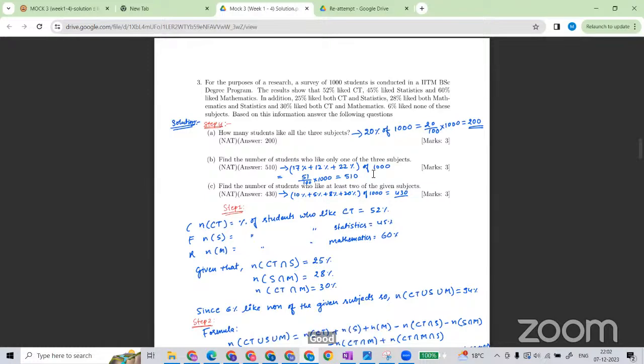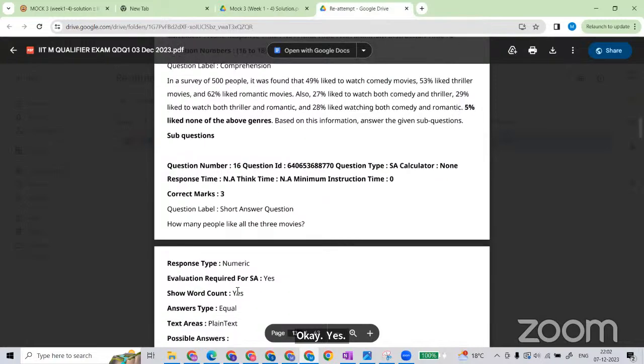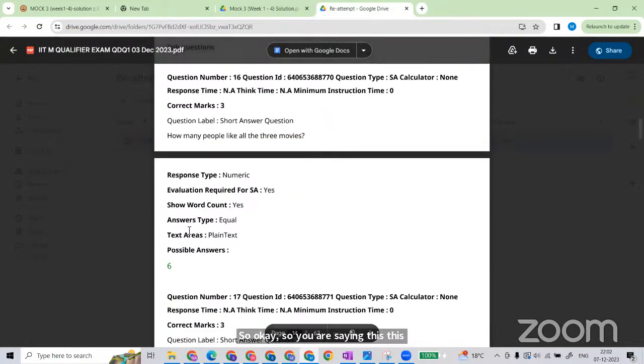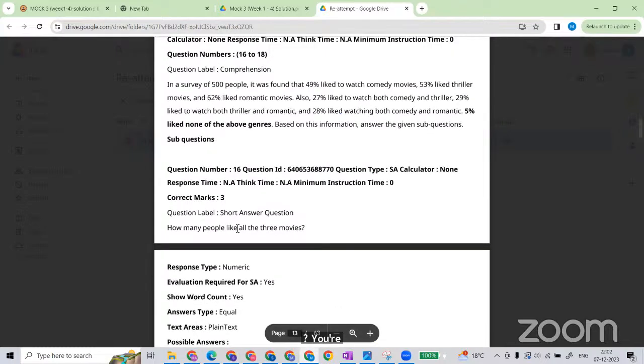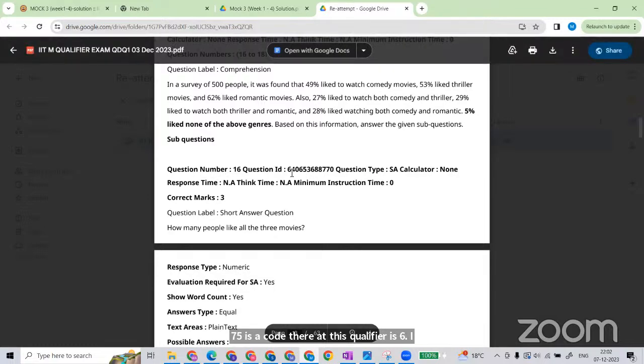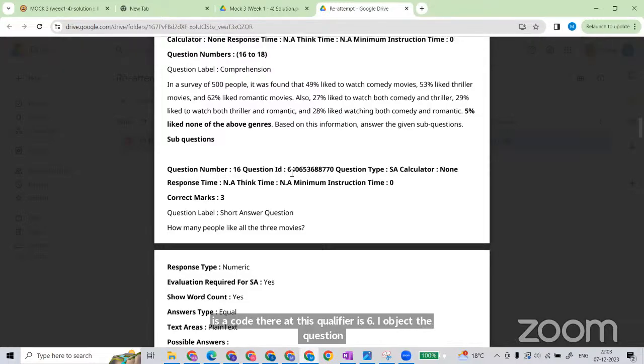So you are saying this has the wrong answer. Yes, sir. Actually, 75 is correct in the previous year's term question. 75 is put there, but in this qualifier it is 6. I have checked the question. Okay, I will check it.